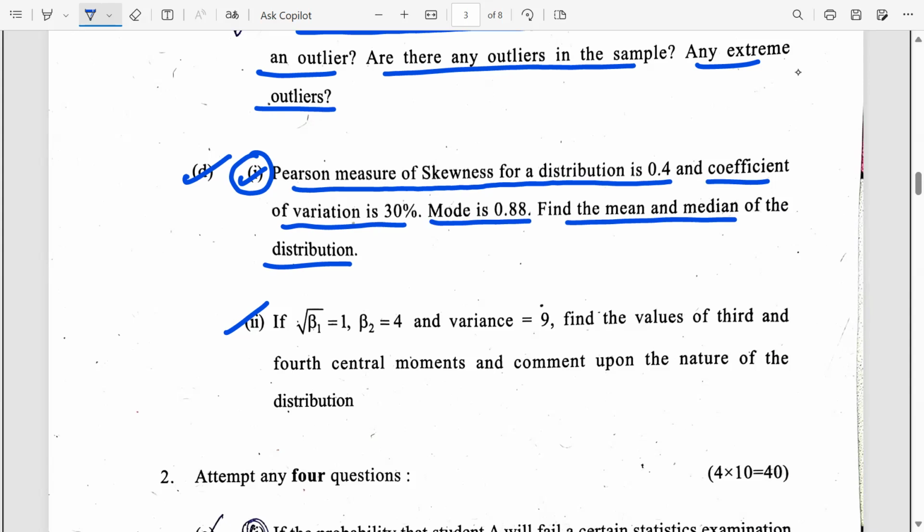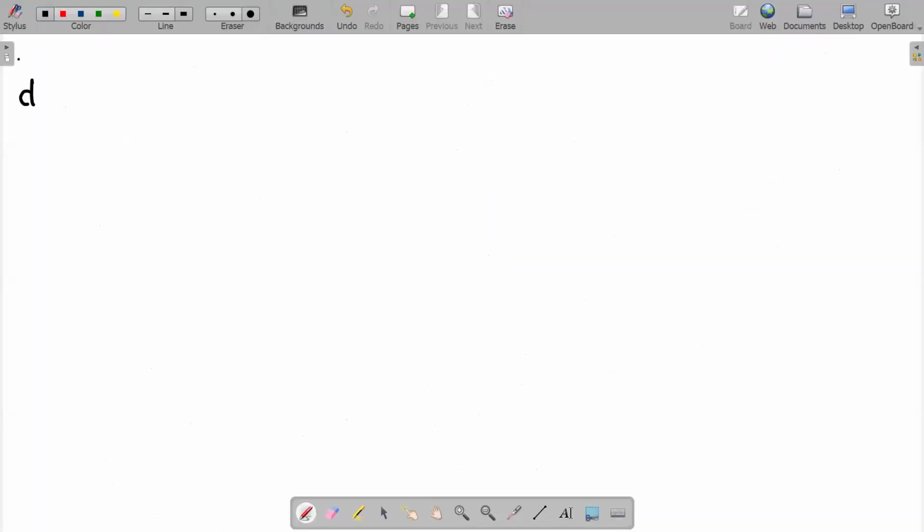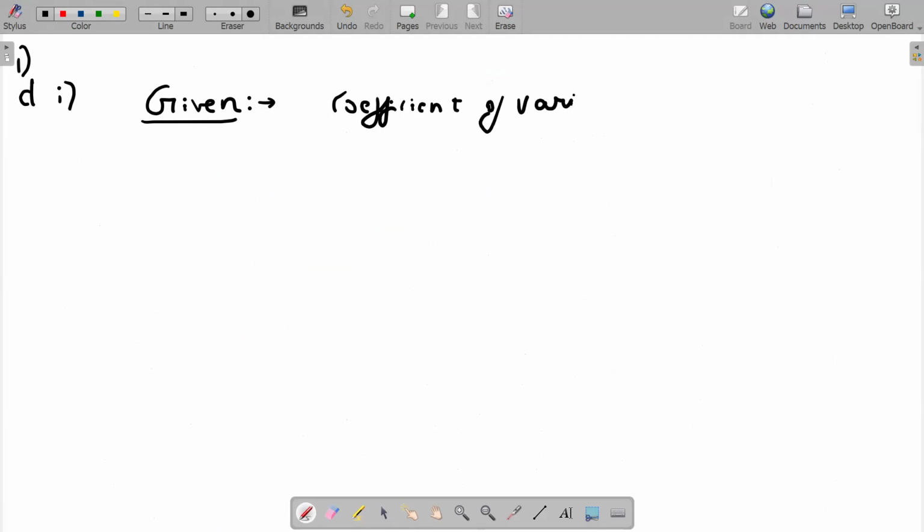Okay. So coming to the whiteboard, erasing all this off, question D, part 1. We are given that the coefficient of variation is 30%. 30% I can write as 0.3 also.